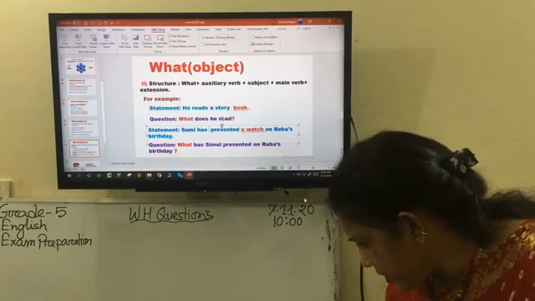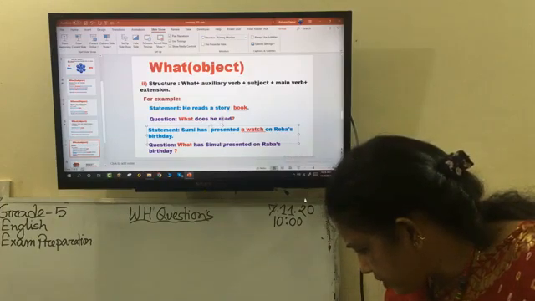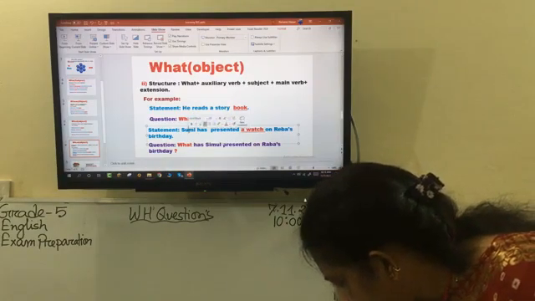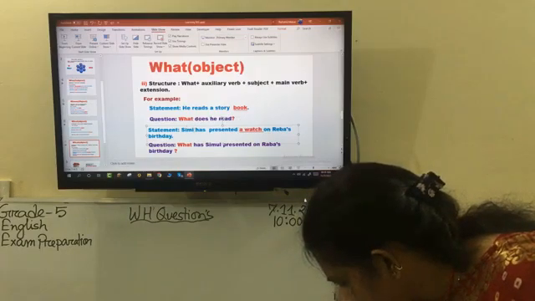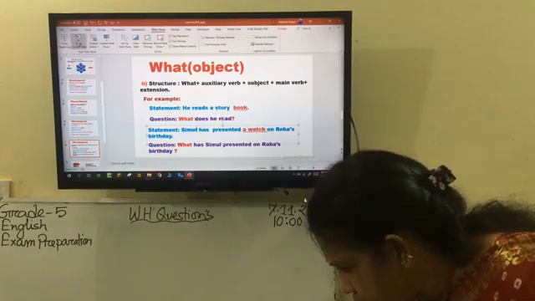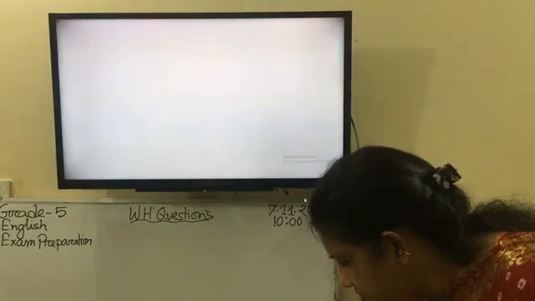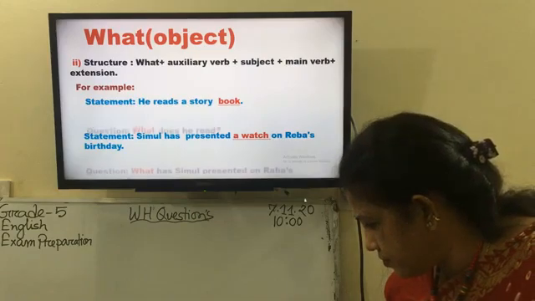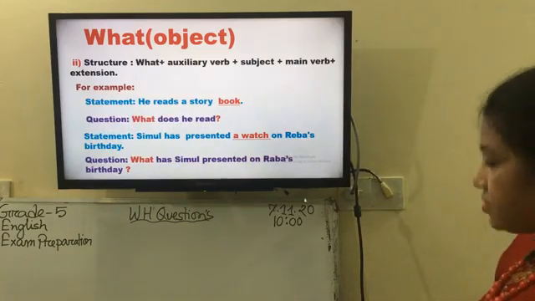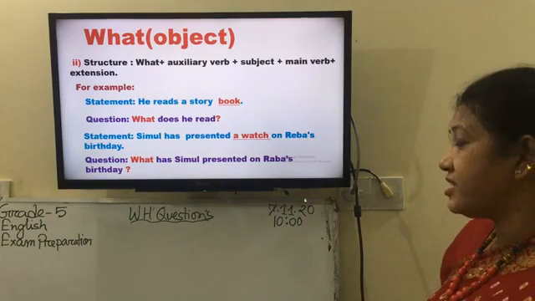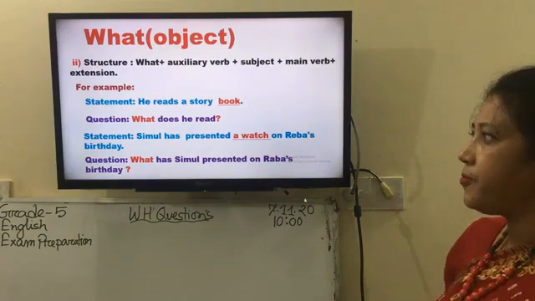What has Shimul presented? Shimul has presented a watch on Reba's birthday. What has Shimul presented on Reba's birthday?